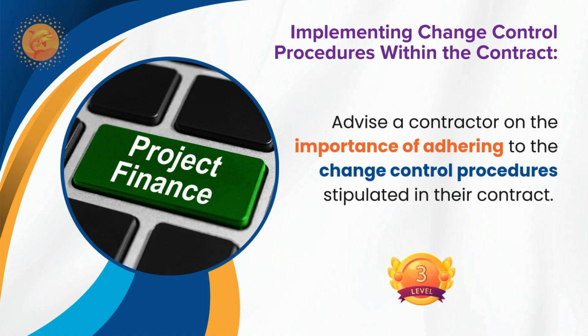If you are a contractor representative, you also have to convince your management that you have to follow these things, because they will say it was not there in the contract document, or it is not defined in the FIDIC, or something like that, they may ask you. So how do you make them understand the importance of adhering to the change control procedures stipulated in your contract?